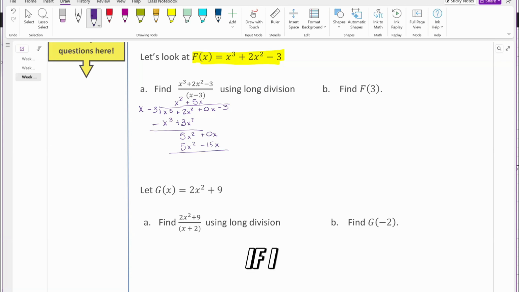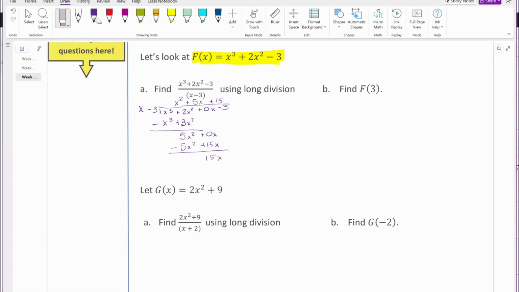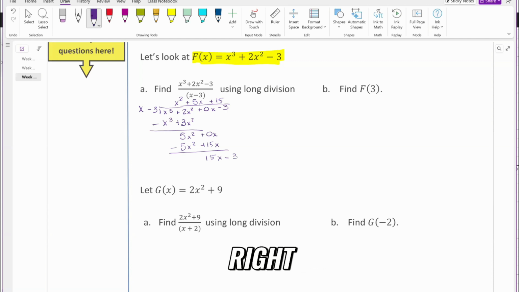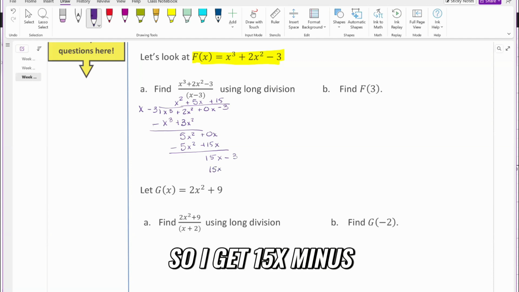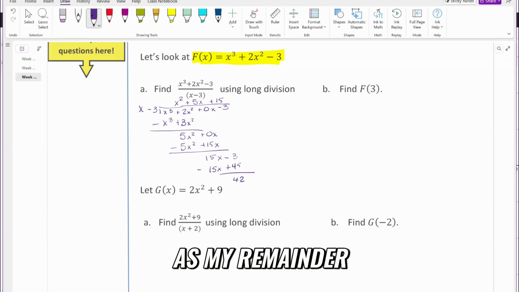So if I then add down, I get 15x, so plus 15, oops, 15x minus, this is a minus 3, right? So I get 15x minus 15 times 3 is negative 45. So I get a 42 is my remainder.